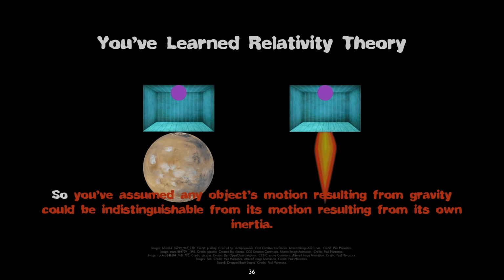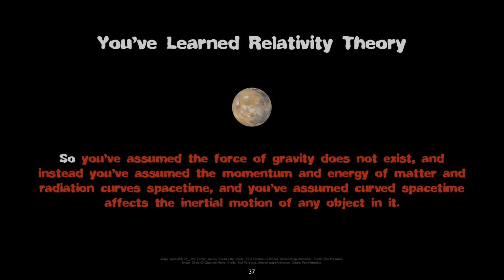So you've assumed any object's motion resulting from gravity could be indistinguishable from its motion resulting from its own inertia. So you've assumed the force of gravity does not exist, and instead you've assumed the momentum and energy of matter and radiation curves spacetime, and you've assumed curved spacetime affects the inertial motion of any object in it.